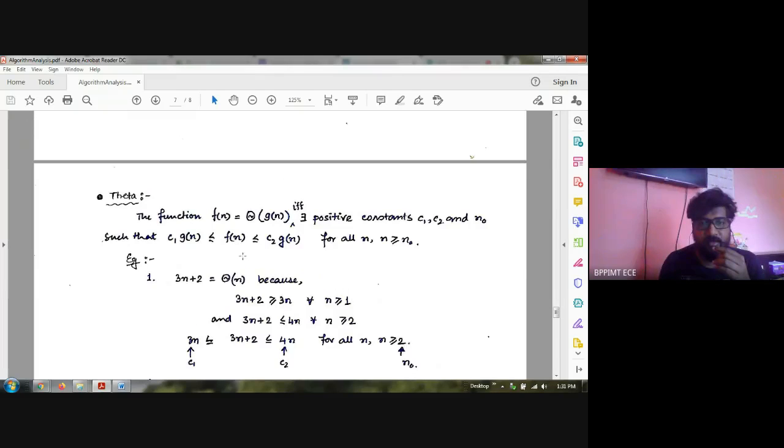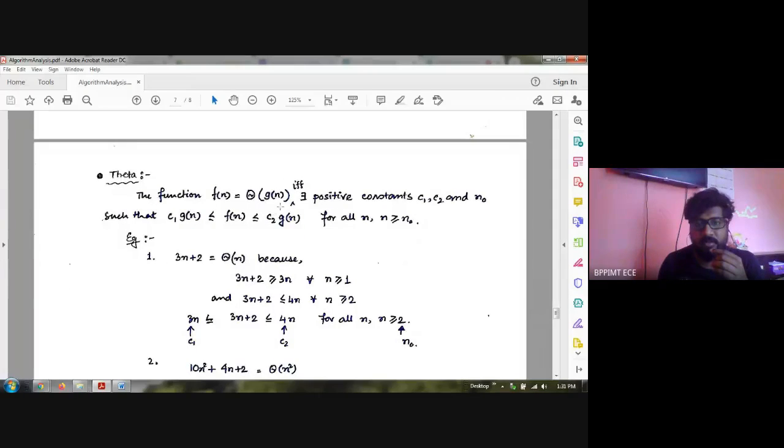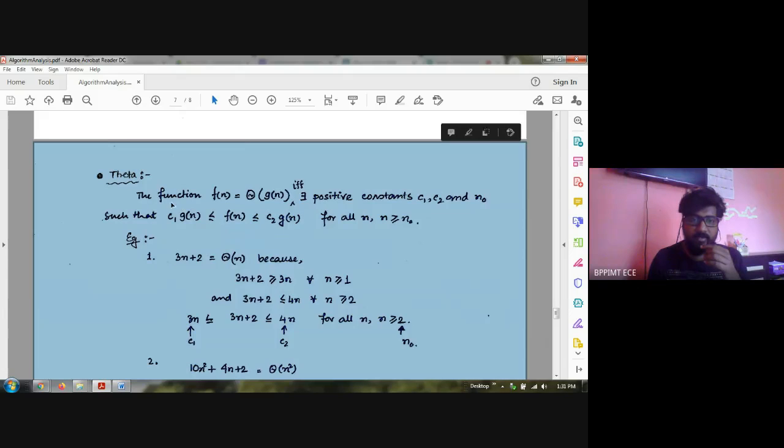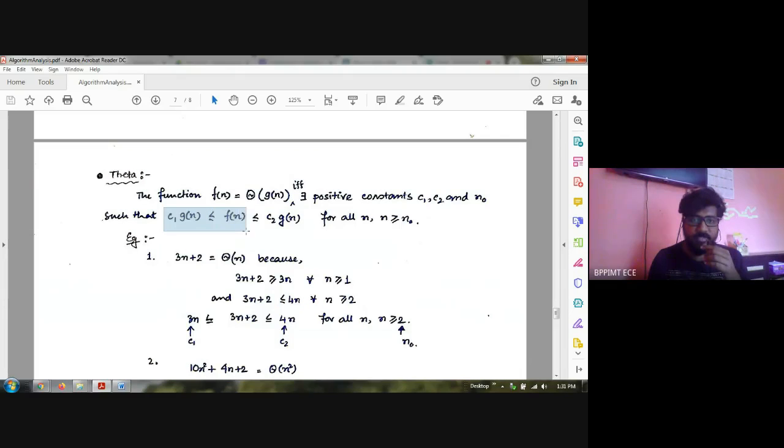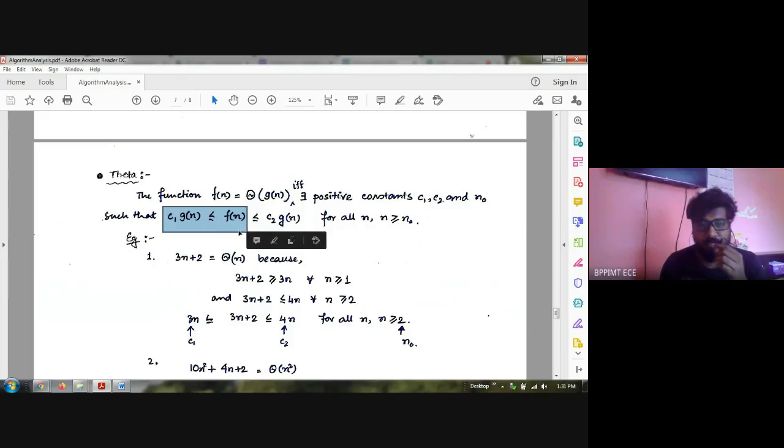The function f(n) is equal to big theta of g(n) if and only if there exist positive constants c1 and c2 and n0 such that f(n) is less than or equal to c2·g(n). This portion is very similar to big O notation, and f(n) greater than or equal to c1·g(n) is similar to big omega notation.